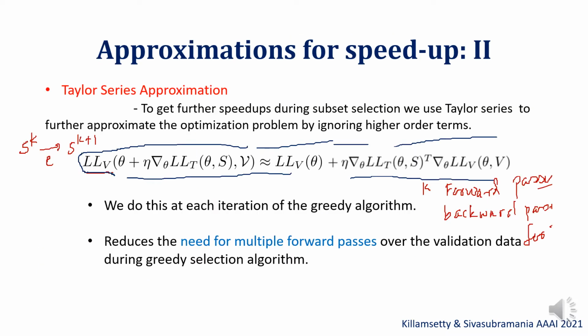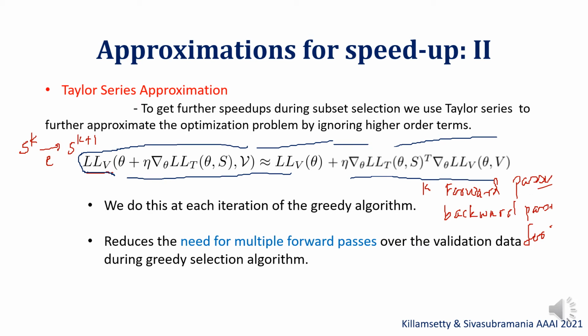Now, why would we want to go further? Well, it turns out that if you employ the greedy algorithm in either of these cases, you have to compute the gain for every element e given a particular current configuration, say Sk. So you're going from Sk, selecting e and going to Sk plus 1.